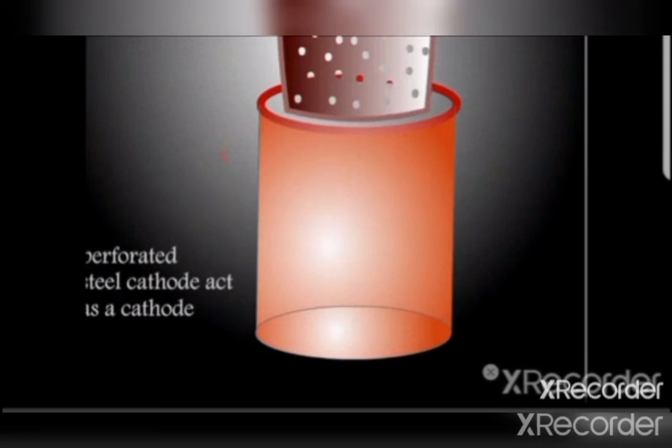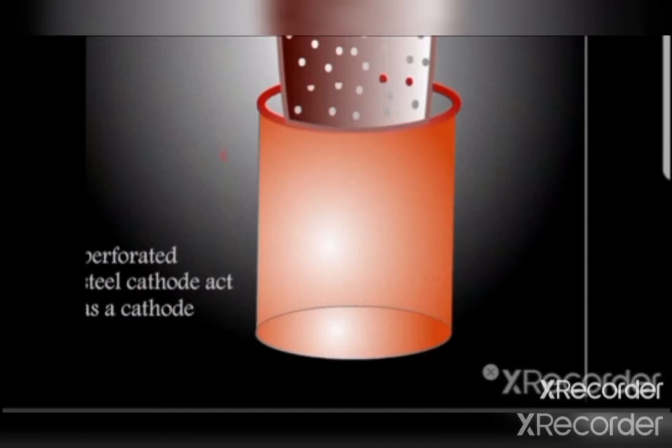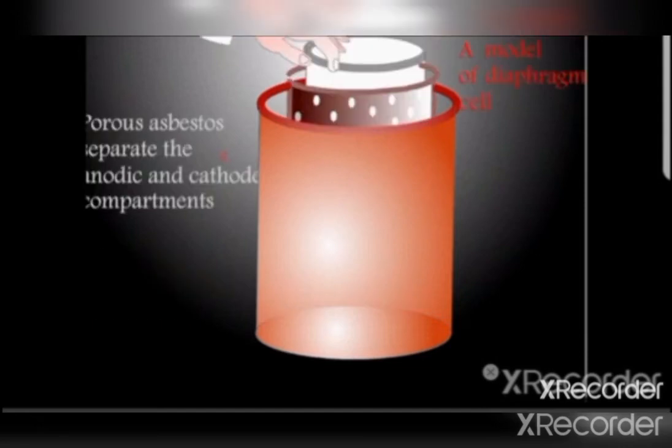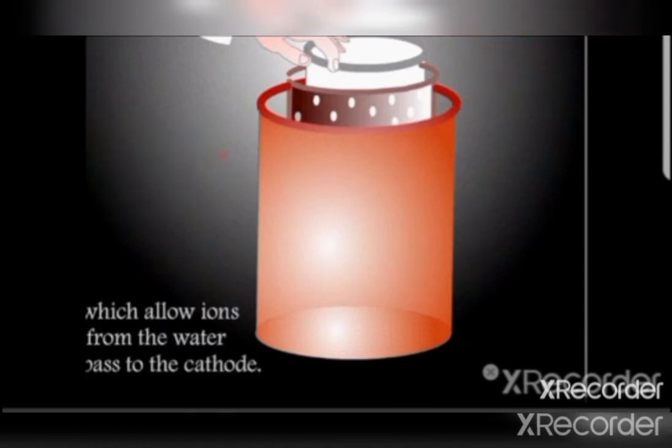Perforated steel acts as the cathode. Porous asbestos separates the anode and cathode compartments, which allows ions from the water to pass to the cathode.